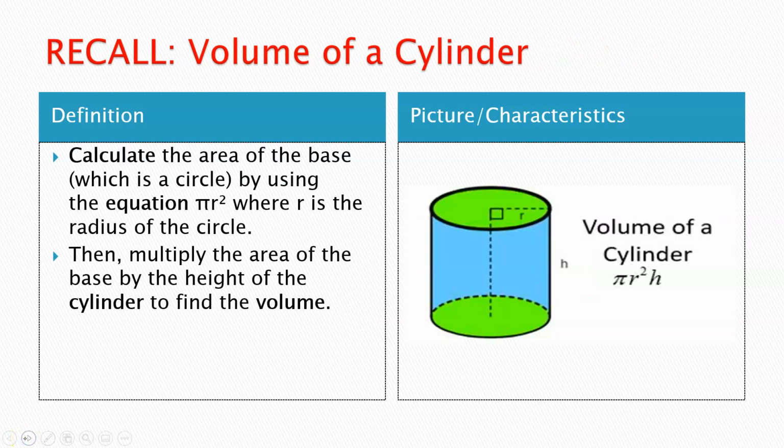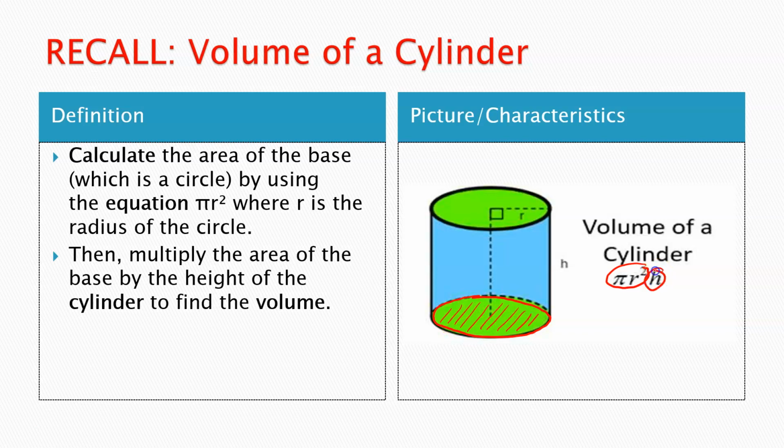Same idea with volume of a cylinder. The formula for volume of a cylinder is right here, pi r squared times your height. And again, if you only did that first little section, pi r squared, that is the area of a circle, right? So you would have just found the area of a flat figure, a circle.